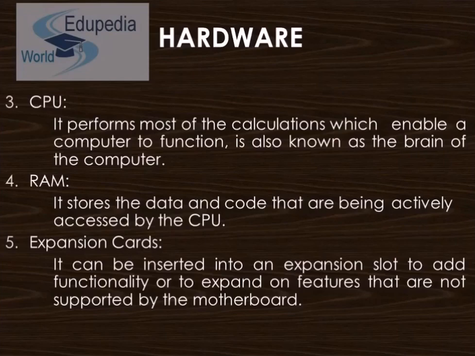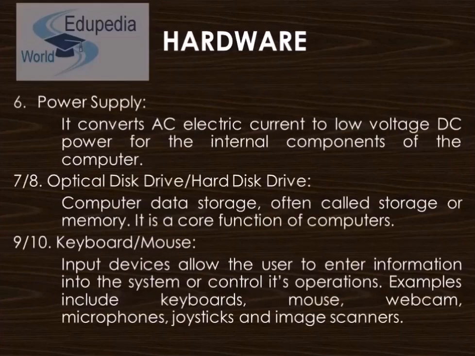Then at number 5 we have expansion cards. They can be inserted into an expansion slot to add functionality or to expand on features that are not supported by the motherboard. So just to enhance the functionality of the computer, we have these expansion cards.